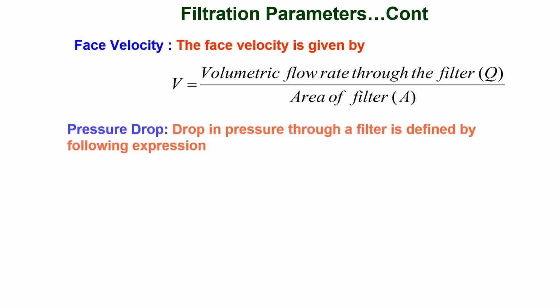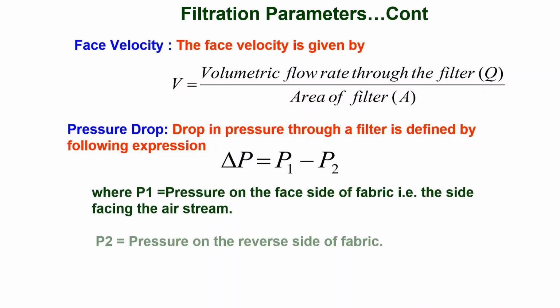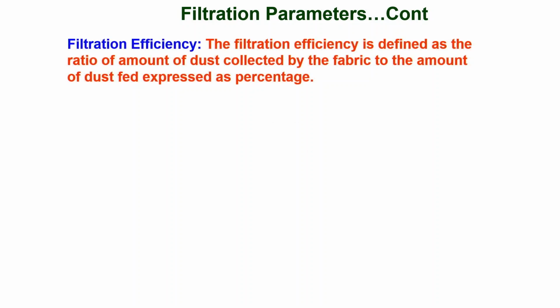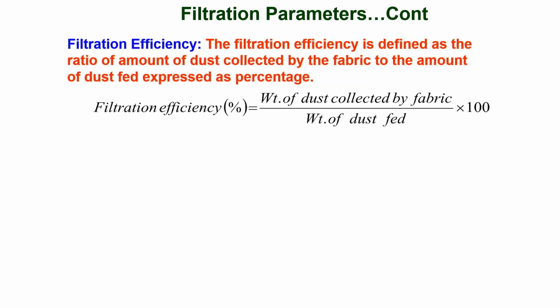As filtration parameters, we can measure face velocity, and the pressure drop we can measure by the manometer. P1 is the pressure on the face side, and on the downstream side the pressure is P2. Filtration efficiency, as I have mentioned, is the weight of dust collected by the fabric over the weight of dust fed.